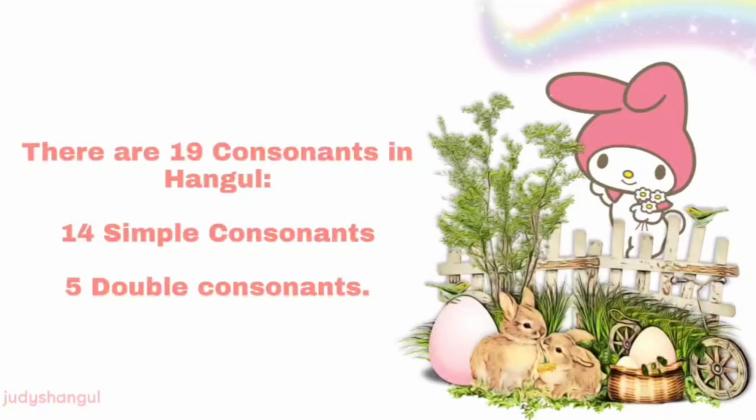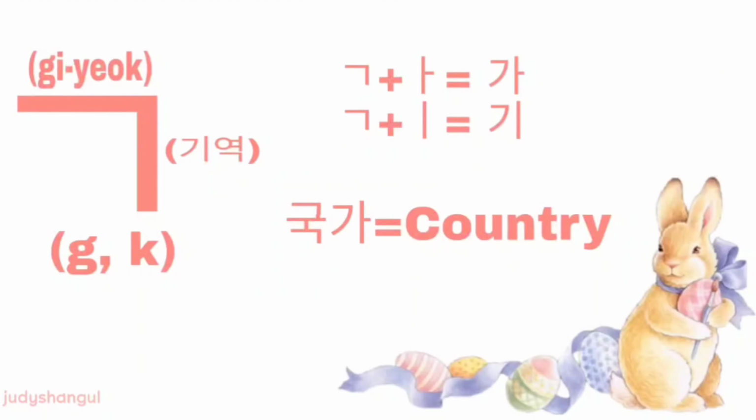Now we will learn 19 consonants in Hangul. There are 14 simple consonants and 5 double consonants in Hangul. Kiyeok. Its pronunciation is like a K or G sound. It sounds more like between K and G. It can't form a sound by itself.